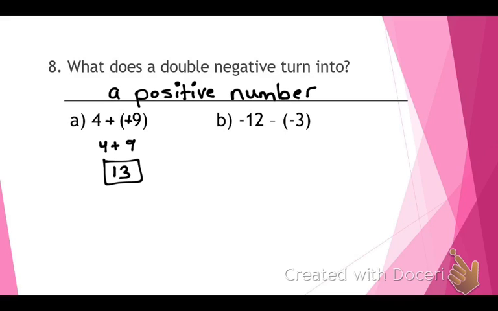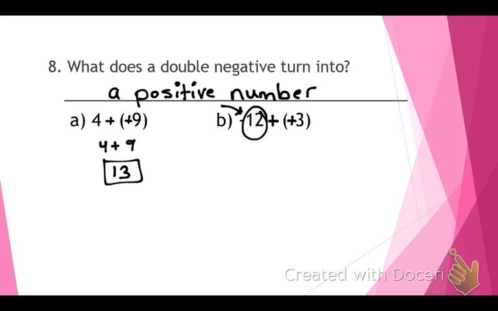Problem B says negative 12 minus negative 3. Where's the double negative at? Right here, in between 12 and negative 3. Now, is this also part of the double negative, guys? No. Why not? Because there's a number in between the negatives.